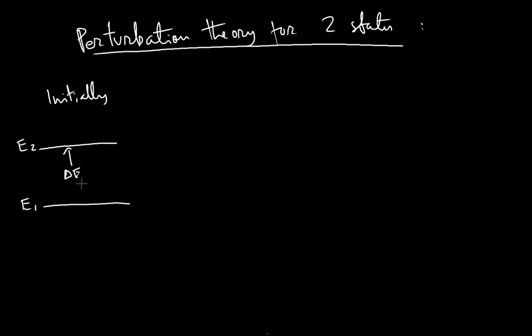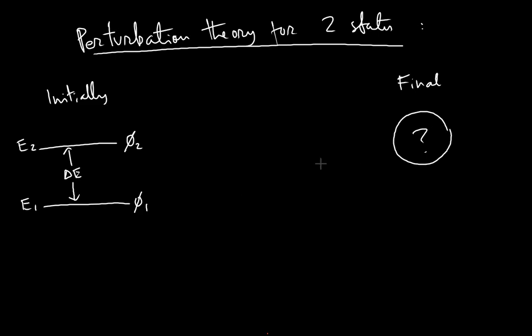There is an energy gap between them, delta E, and the wave functions being phi1 and phi2. And finally we want to know what happens as a result of the interaction. So this is initially, and the final thing is a question mark right now.